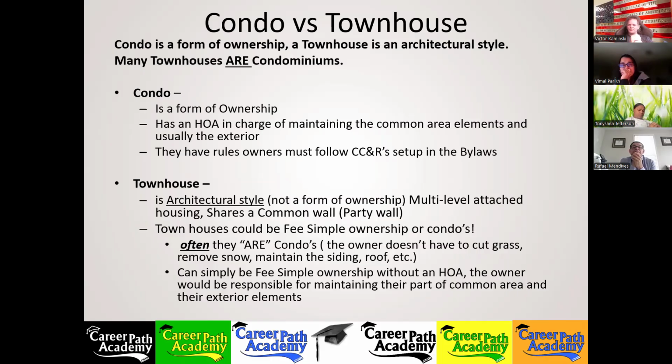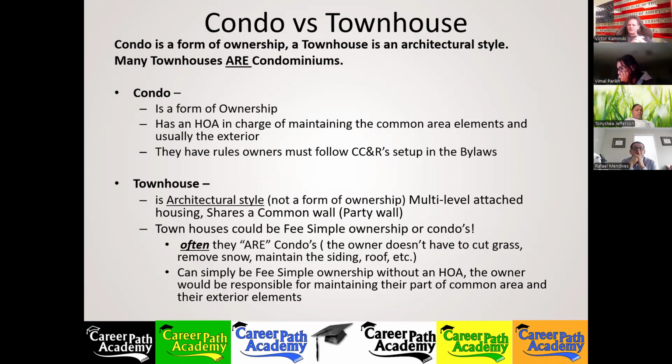So don't mix up the architectural style with the form of ownership. Condominium is a form of ownership. You have fee simple ownership of 2 things: everything from the paint on the interior walls inward and a proportionate share of the common area elements, which everybody shares in. And you've got to follow the HOA's rules, right?